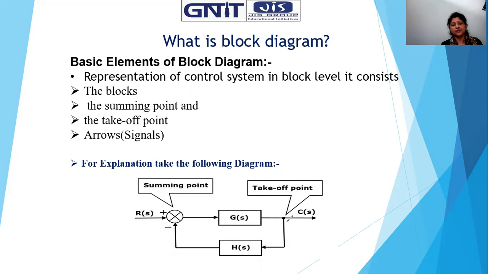Associated with the input and the output, the input arrow represents the input signal or excitation, and the output arrow represents the output signal. So G(s) involves two signals, similarly H(s) involves two signals.